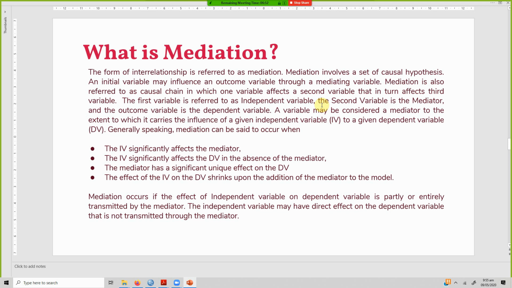When there is a mediator in the model, the direct effect of IV on DV is shrunk because the effect is now passing through the mediating variable. Mediation occurs if the effect of the independent variable on the dependent variable is partly or entirely transmitted by the mediator. The influence passes from IV to MV and then from MV to DV. This is mediation.